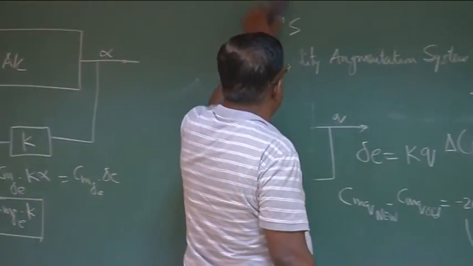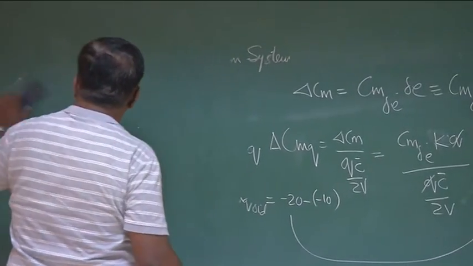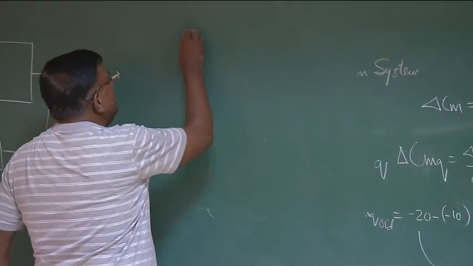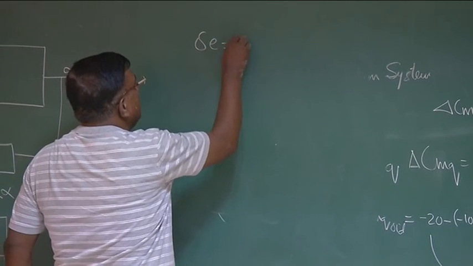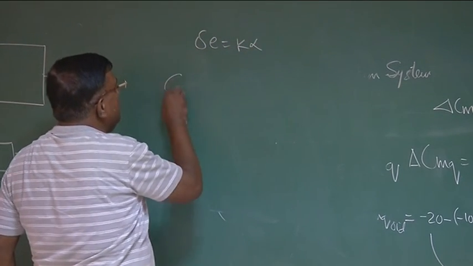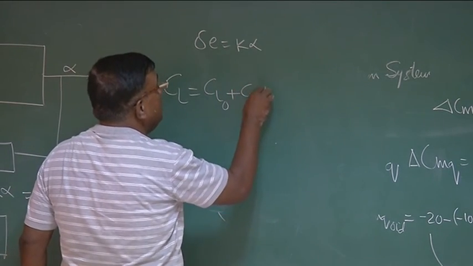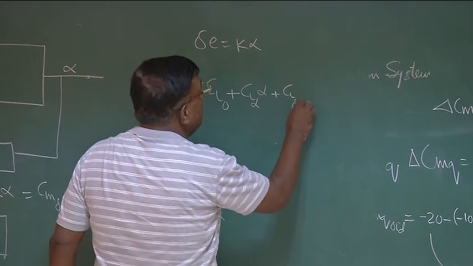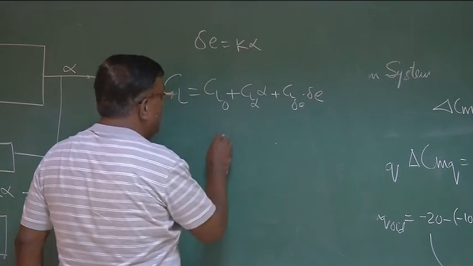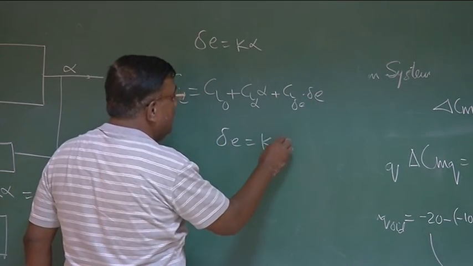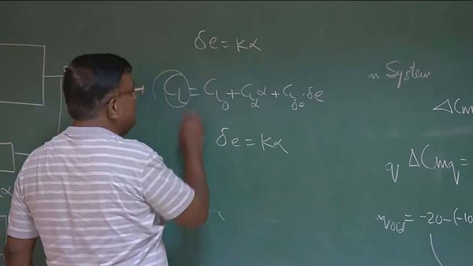But all these things are fine, but do not forget that the moment I use delta E equal to K alpha, if you see the CL equation, that is CL naught plus CL alpha into alpha plus CL delta E into delta E, and delta E equal to K alpha, your CL also gets modified.